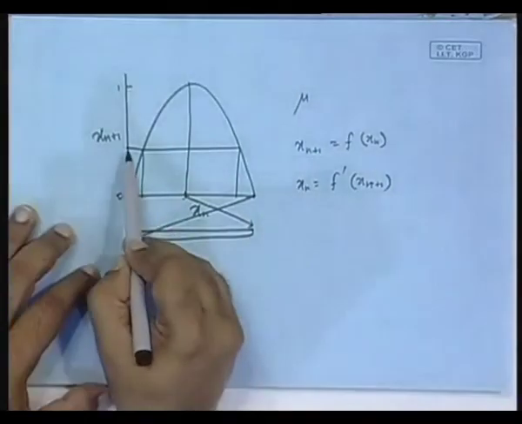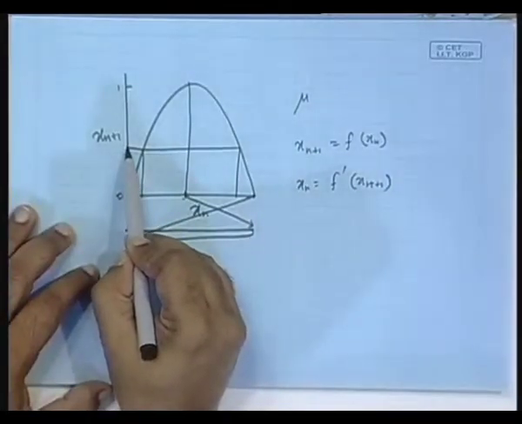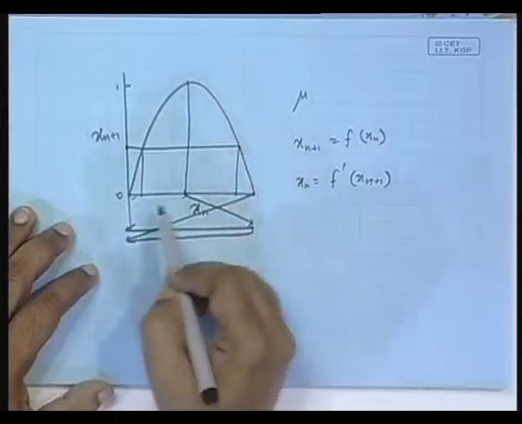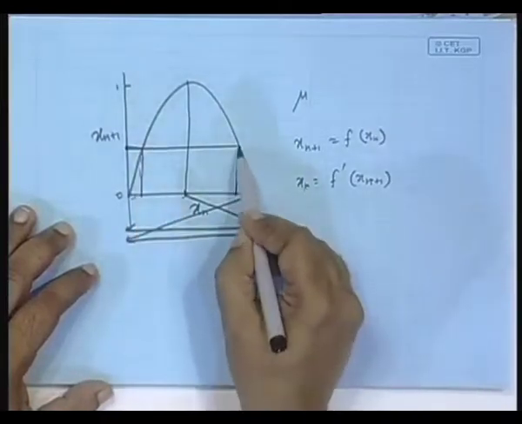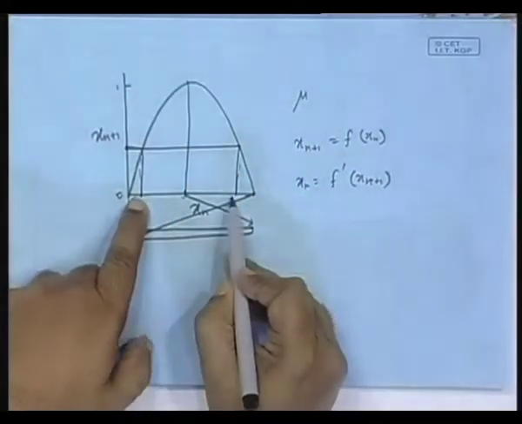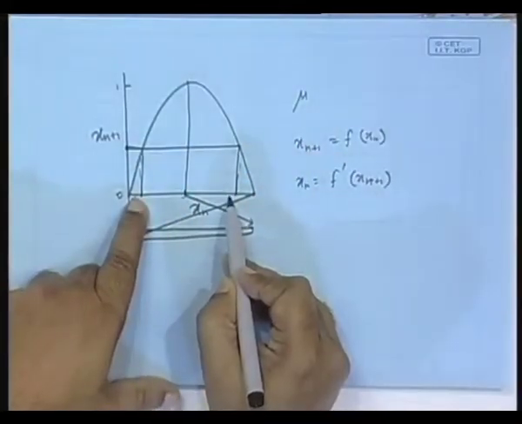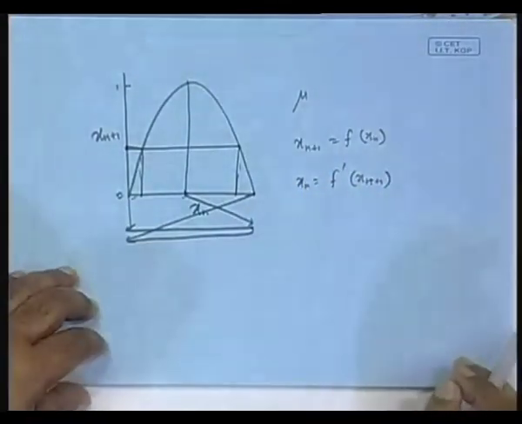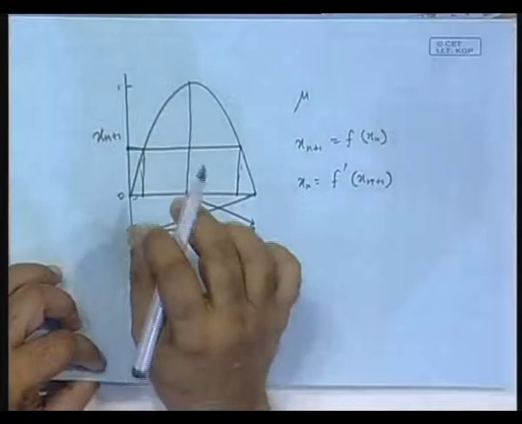Geometrically, if you have the x_n+1 given, that could have come from two values of x_n, either here or here. As a result, if you want to take the inverse map, you do not know which point to take. That is the non-invertibility condition, and that is also at the base of this stretching and folding.